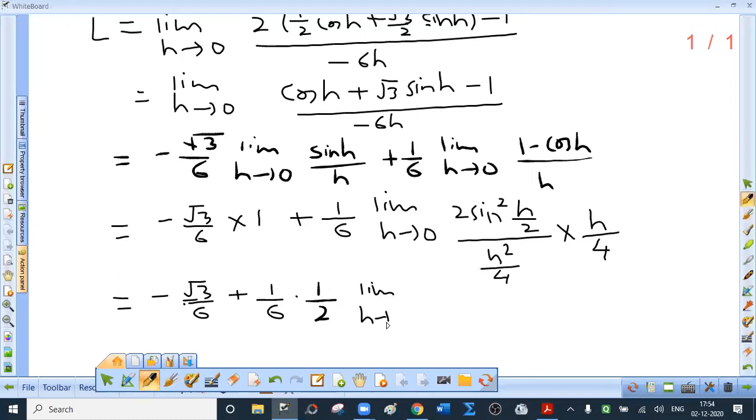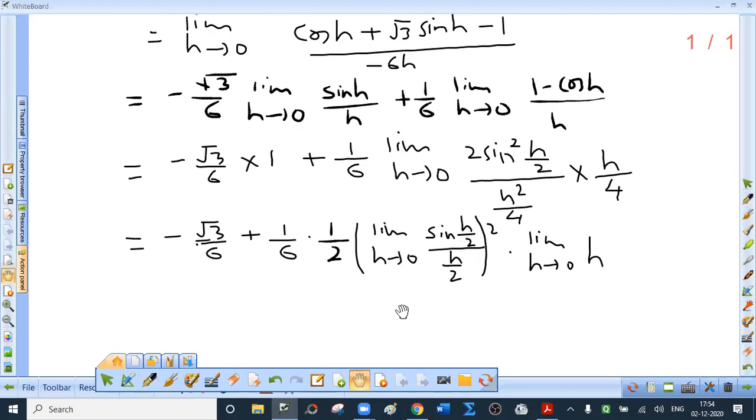Limit h tends to 0, sin h by 2 upon h by 2 square, into limit h tends to 0 of h. This is nothing but minus root 3 upon 6 plus 1 upon 12 into 1 square into 0. So minus root 3 upon 6 is the final answer.